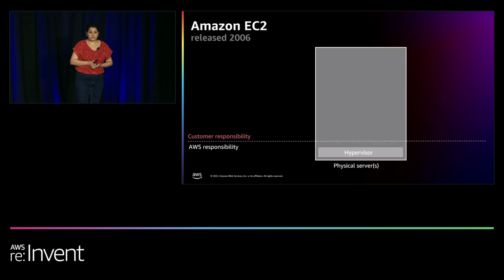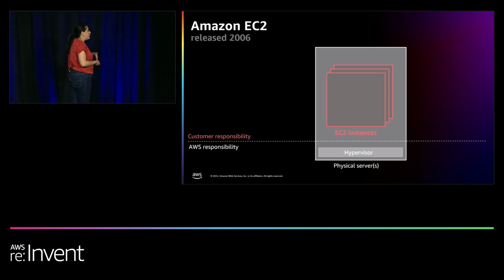So with EC2, this is the original compute service. EC2 basically took responsibility for running the physical servers and data centers and the virtualization software that runs on these physical servers. But you, as the customer, still own the VMs, what we call EC2 instances.